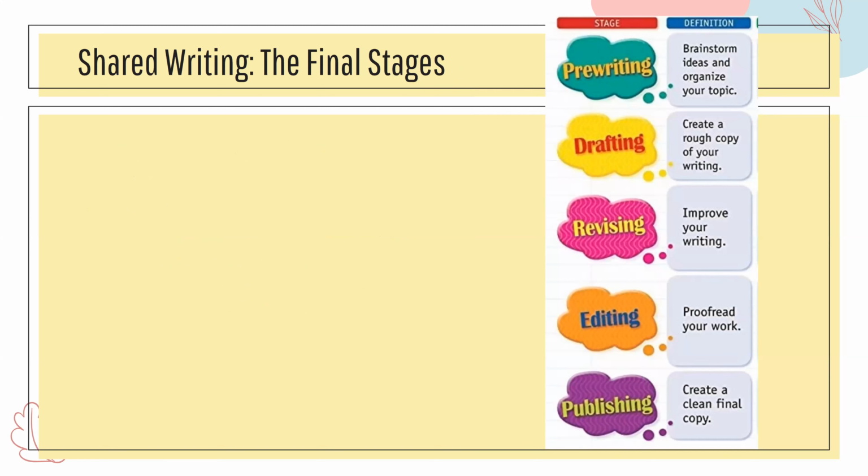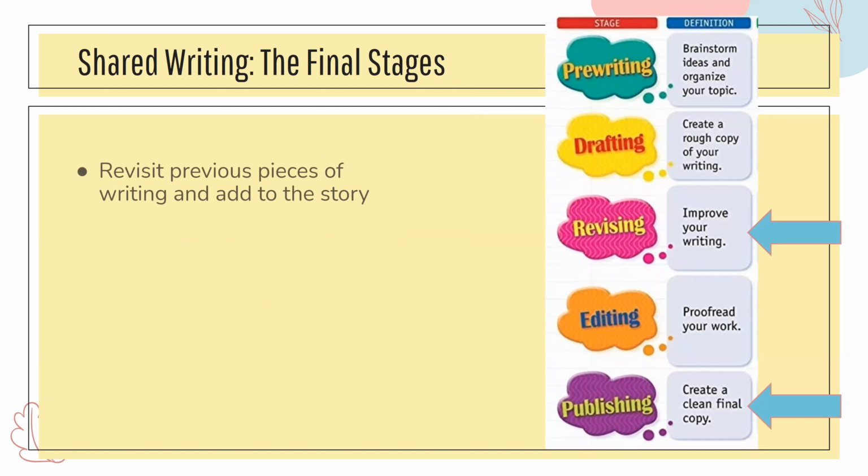You may also have the opportunity to explore some of the other stages of the writing process with your pre-K children. You could possibly do some revising and even some publishing. You could revisit previous pieces of writing and add to the story, add more details, maybe add some dialogue to the story, or you could even have children take the opportunity to publish class books.